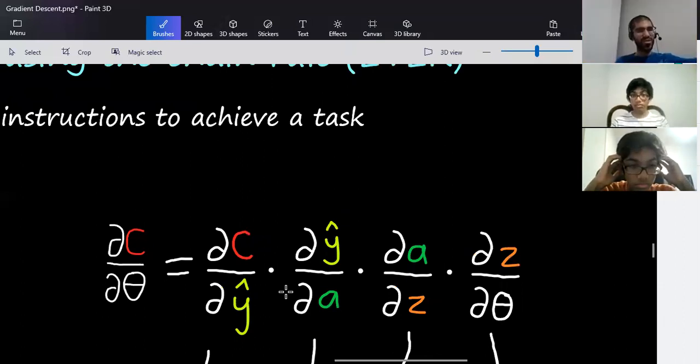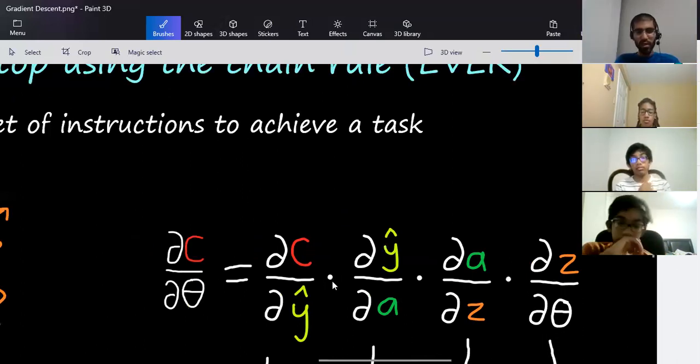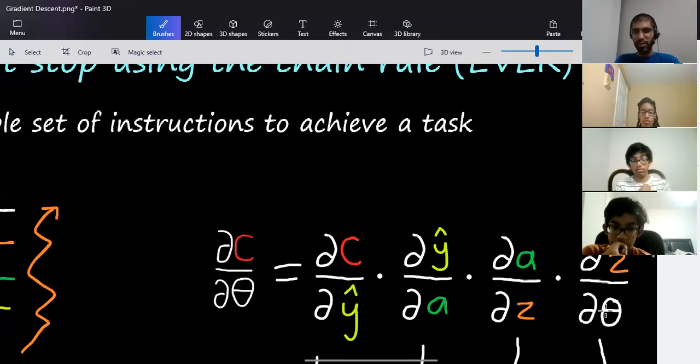I don't know if that means you understand. Hopefully. All right. I'll assume no questions means you do understand. So in the end, that is it. That is backpropagation. That is what we have to calculate.